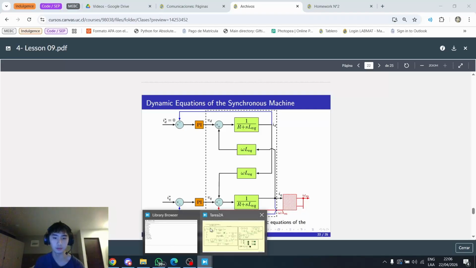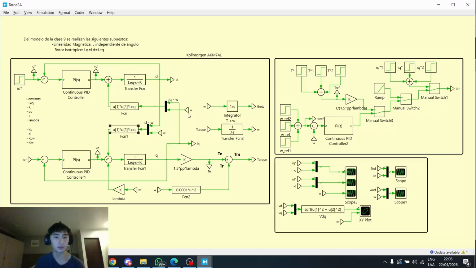So going into Plecs, as we can see, this is our implementation of the model. We have reference ID and reference IQ being fed into the subtractor, where they are subtracted by the real ID and IQ.